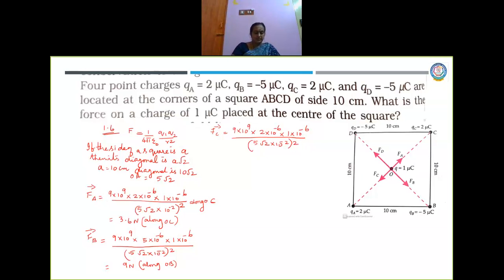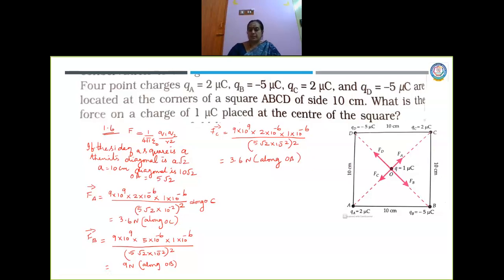Again when you simplify you will arrive at the same answer. What is the answer here? We have substituted the same thing here also. See, children, so you will have 3.6 Newton, and here also both the charges are positive, so it is along OA. Am I right?